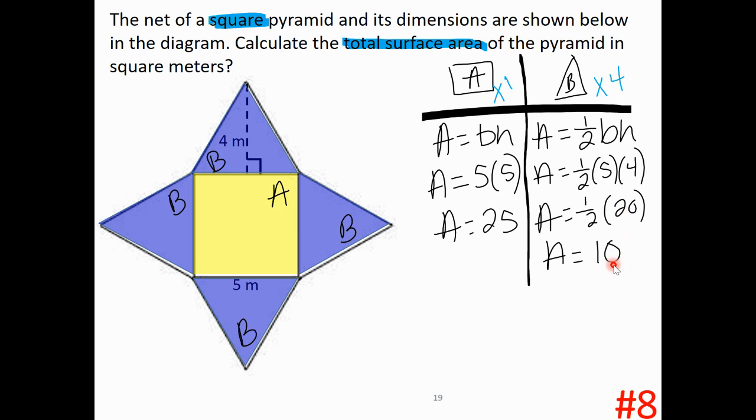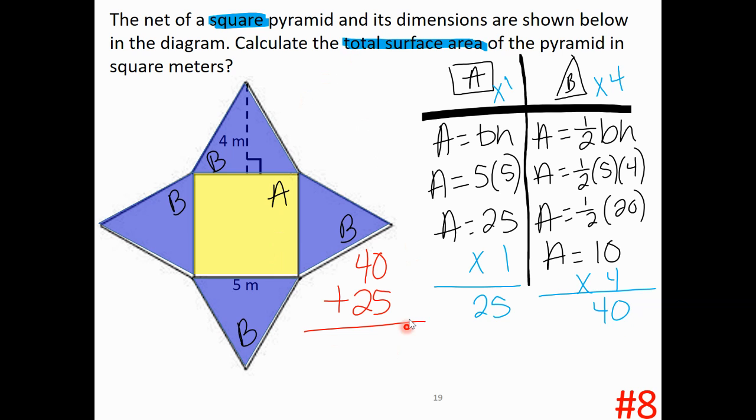Half of 20 is 10, but there are 4 of them, okay? And there's only one square. So if you want to multiply that by 1, you still get 25. 10 times 4 triangles is 40, and our very last step is to add those areas together into one area of 65 meters squared.